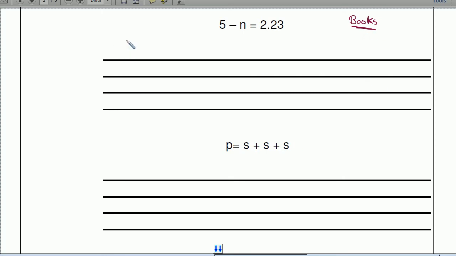So let's say I am buying my favorite books. My favorite book is a book called What Dreams May Come. What Dreams May Come, the book costs $5.